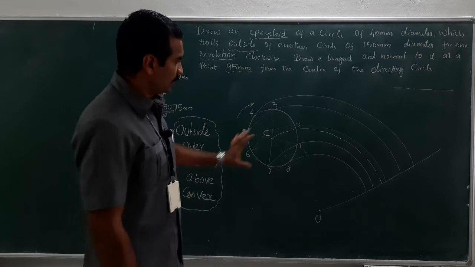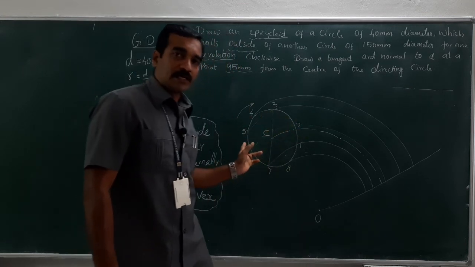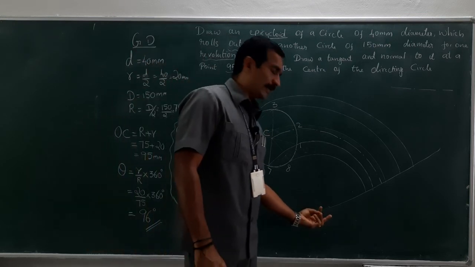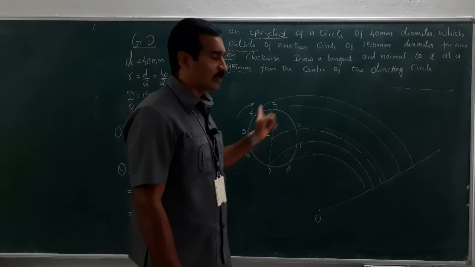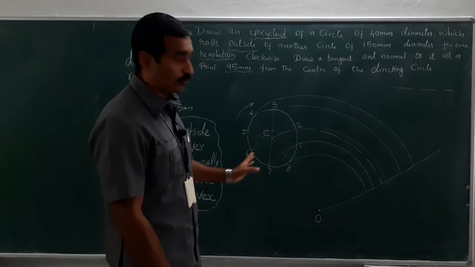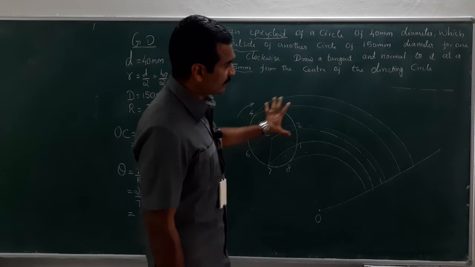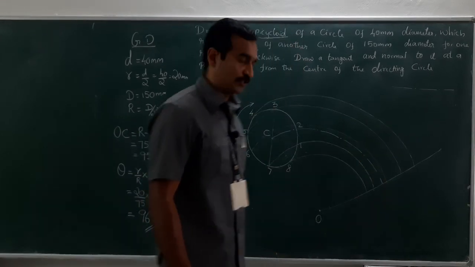Right. So now what I did was I made a circle representing the rolling circle, then taken 96 degree, that is the sector where the rolling circle completes one full revolution over the directing circle or the base circle. So this is the path where the rolling circle rolls to complete one full revolution.